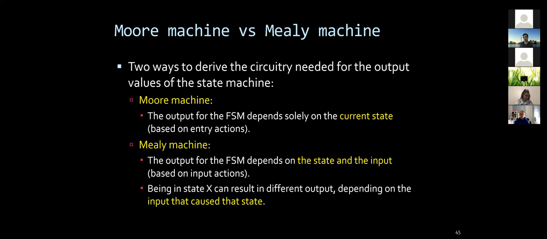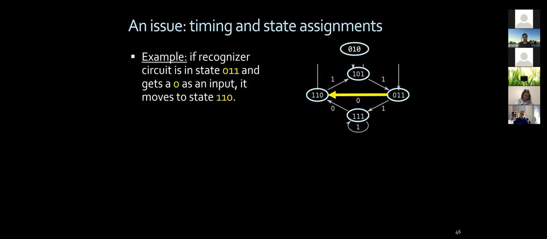And based on some entry actions. And the Mealy machine is more generic. It makes the output of the finite state machine depend on the state and the input, something we tried here. And being in state X can result in different outputs depending on the input that caused that state. So those are the two different types of machines that you can potentially deal with.